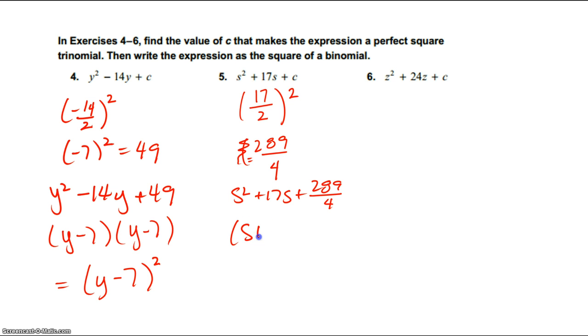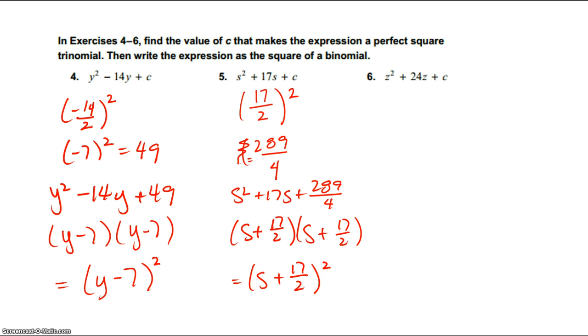I'm going to get (s plus 17 over 2) and (s plus 17 over 2). Notice if I FOILed this, I'd get s squared plus 17 over 2 s plus 17 over 2 s plus the 289 over 4, and that would give me my middle term there. So this factors to (s plus 17 over 2) squared.